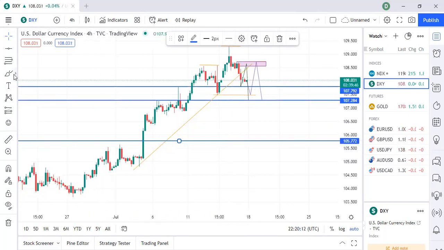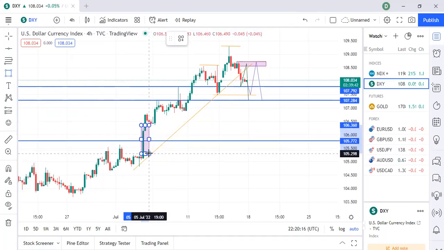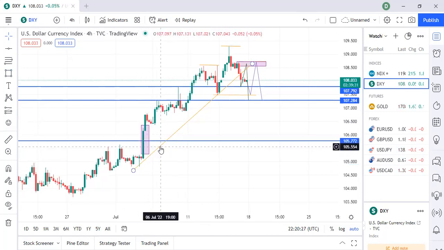You can see price left this void over here that needs to be closed, somewhere up to this area or totally up to this area. That is an imbalance that price has left there, so I'm expecting price to close up that area.